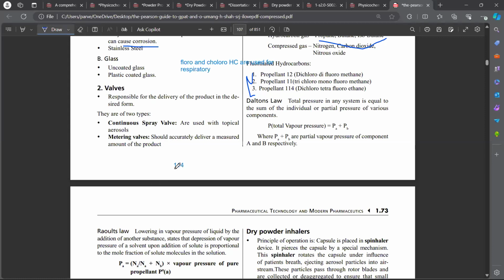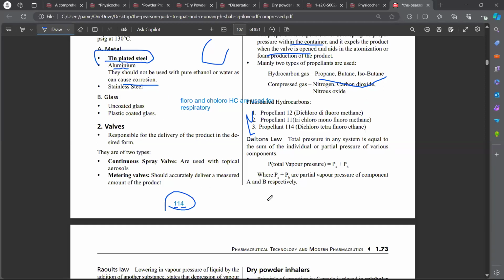The first digit indicates the number of carbon atoms, the second digit indicates the number of hydrogens, and the third digit indicates the number of fluorine atoms. By this way, we have to determine the name of the propellant.